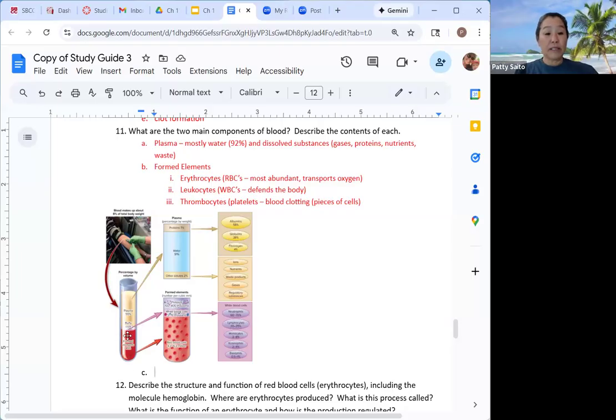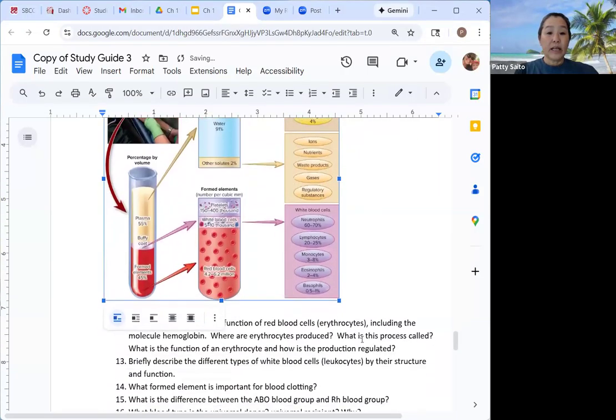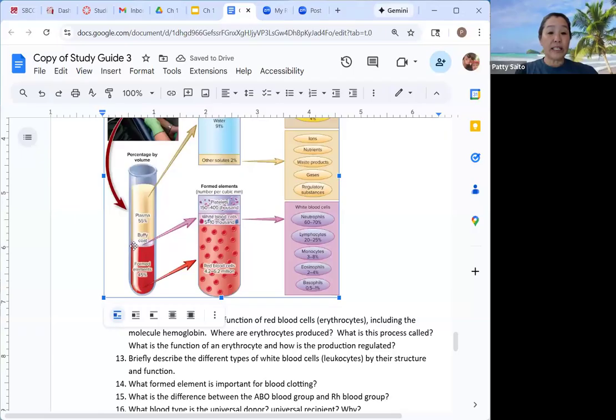And so this is what happens. It separates out. The cells, mainly red blood cells, are located here on the bottom. In between, there's a little area called the buffy coat. Let me make it a little bigger so we can see. The buffy coat here in between contains white blood cells and platelets, which we'll talk about in a moment.